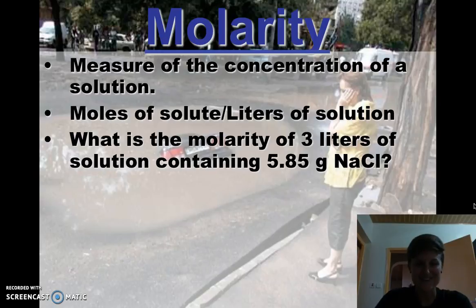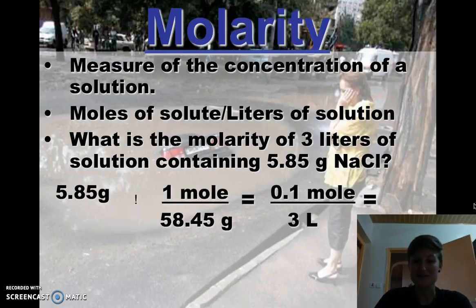Alright, hopefully you have your problem set up like so. Okay, you have your 5.85 grams here, and this should be a multiplication sign. And you have in 1 mole, you have 58.45 grams of sodium chloride. And so that's going to give us 0.1 moles over 3 liters.